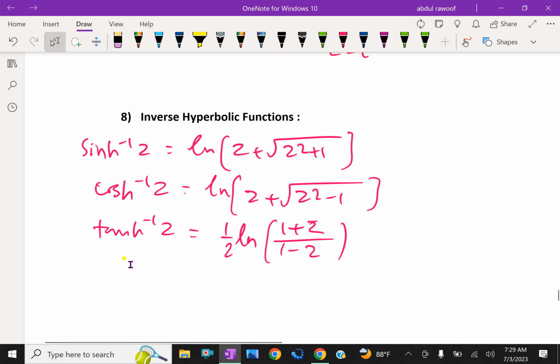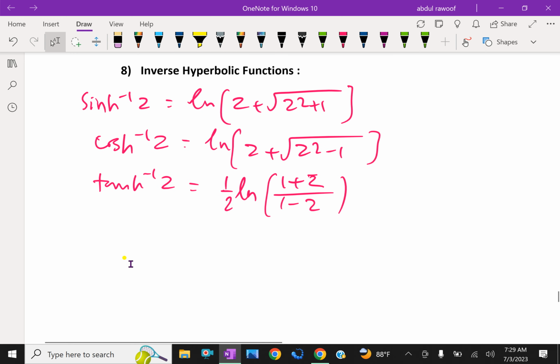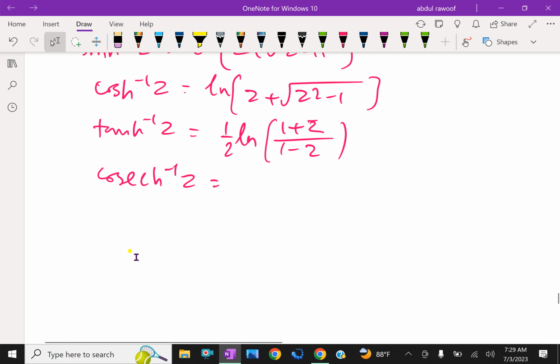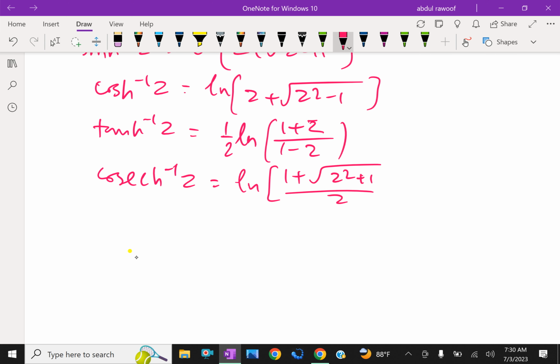Then reciprocals, cosech inverse z equals ln of (1 plus square root of z square plus 1) by z.